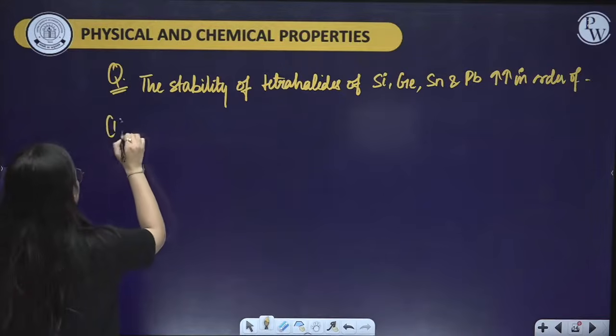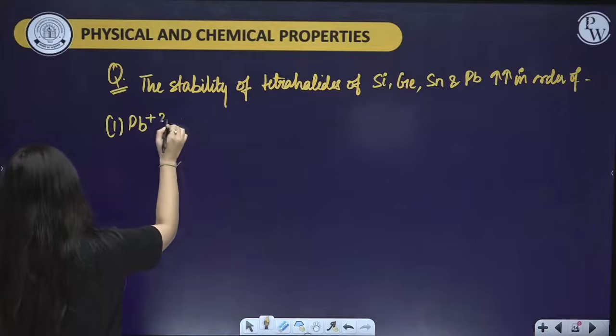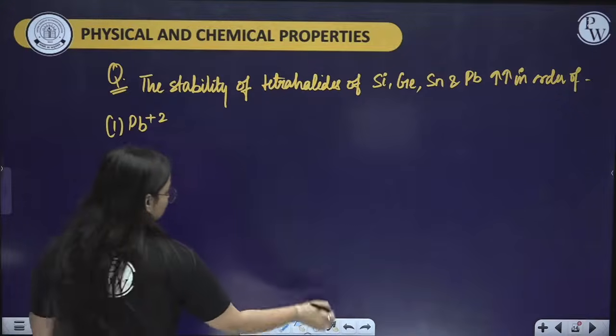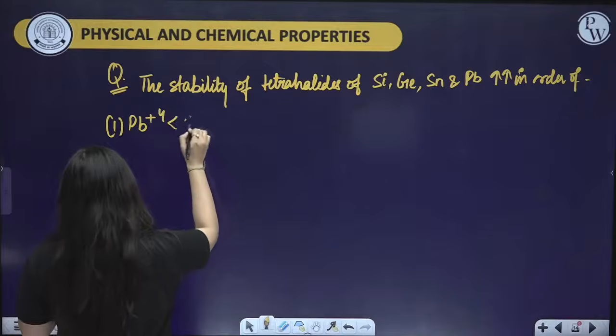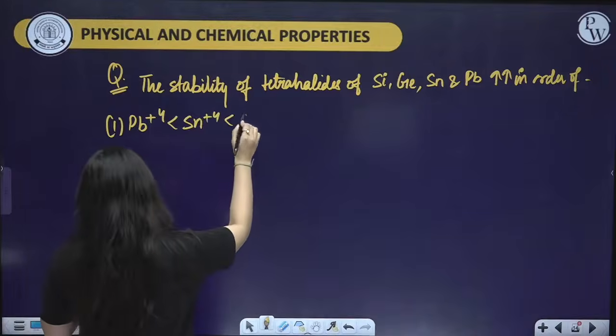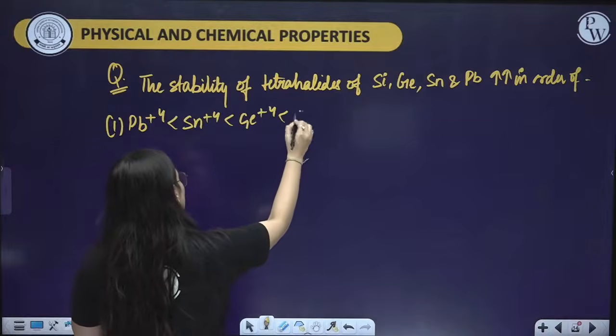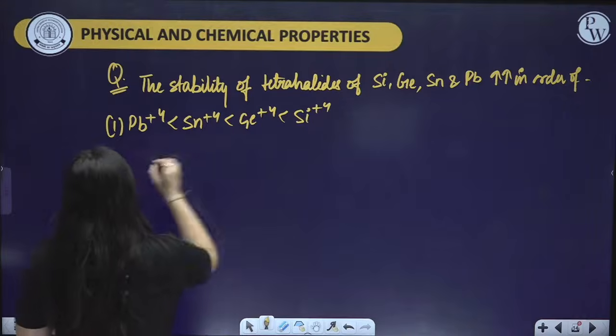First option is Pb +4, Sn +4, Ge +4 and Si +4.